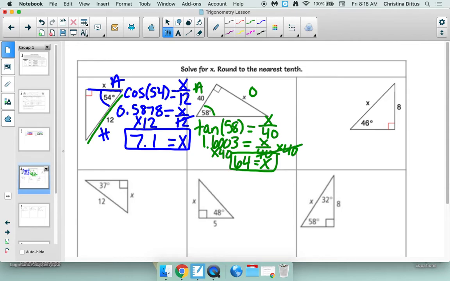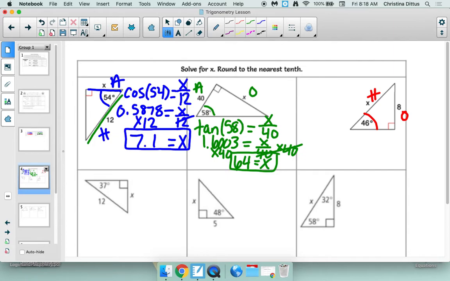Alright, this one, am I looking at my angle 90 or my angle 46? 46. How do my sides relate? What do I have? I have my hypotenuse, which is x. What else do I have? Opposite. 8 is my opposite. So am I looking at sine, cosine, or tangent? The sine.